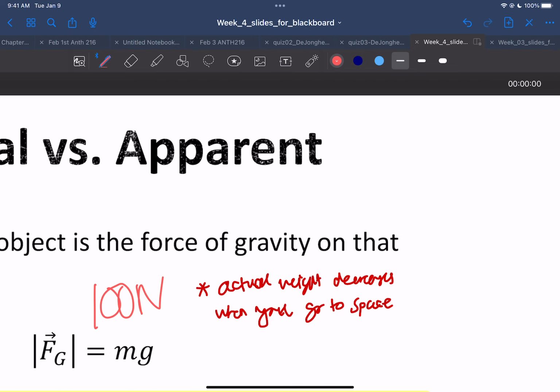Well, you're also going to be accelerating at 10 meters per second squared because you and the elevator are one, basically. And so if we were looking at Fnet equals ma, then it would be your mass times the acceleration that you're feeling because of the elevator pulling you upwards. In that case it would be a positive acceleration in the y direction, right?